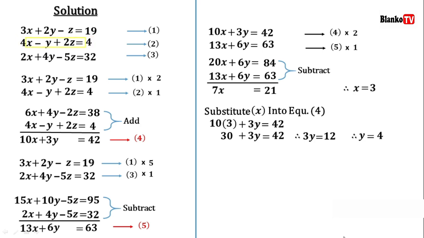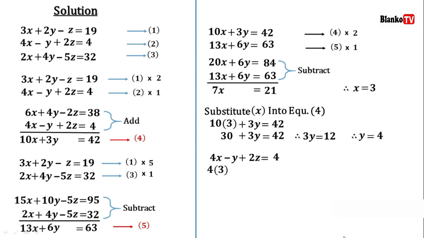Okay, and equation 2 is 4x minus y plus 2z equals 4. So let's substitute the values of x and y into the equation.